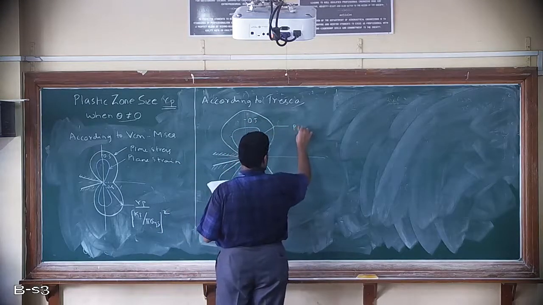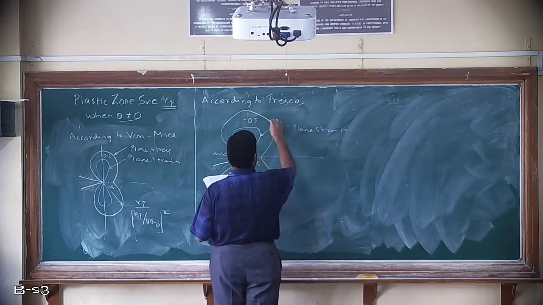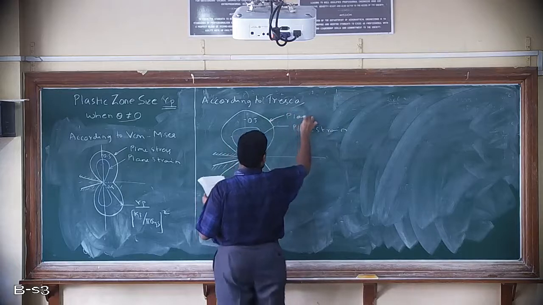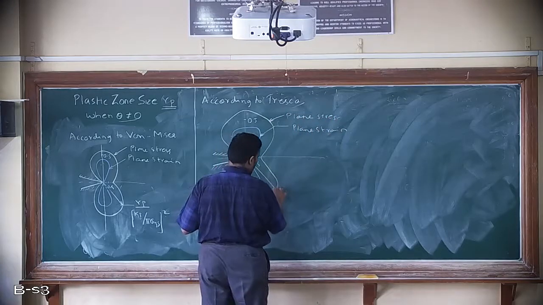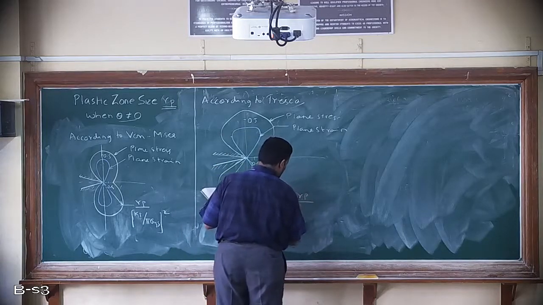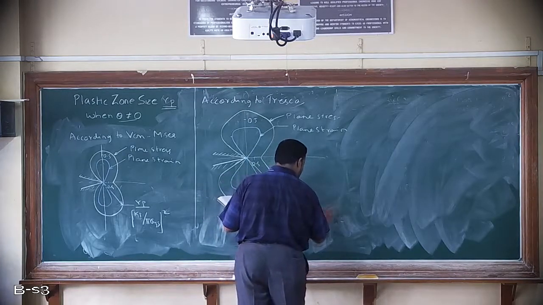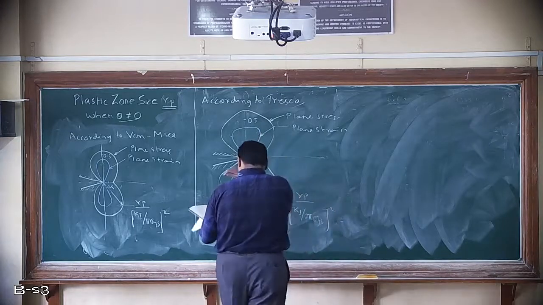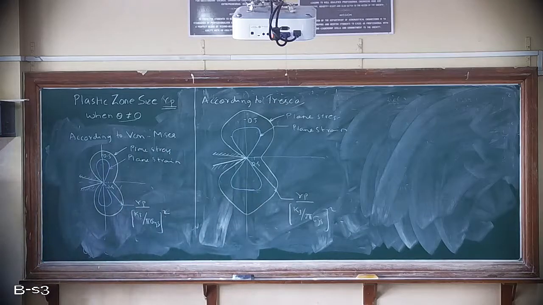So this is as per plane strain, and this is as per the plane stress, and here we have this Rpz or Rp as Ki upon 2 pi sigma ys the whole square. So this will be the plastic zone size according to the Tresca criteria.